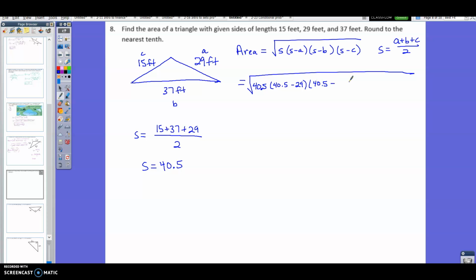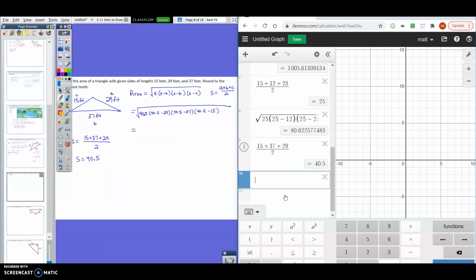S minus B times S minus C. So now that we have that, all we got to do is plug that all into the calculator.